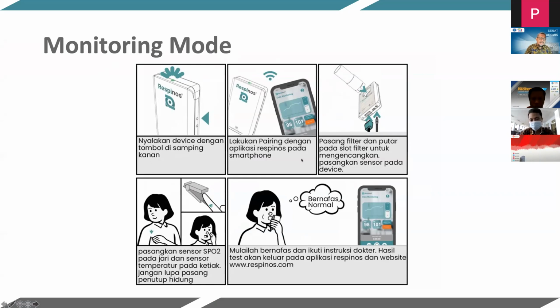And then we connect to the finger for the SpO2, and then to the mouth for the mouthpiece. And then you can respirate normally. And then we can see the measured data on the application. So this is monitoring mode.